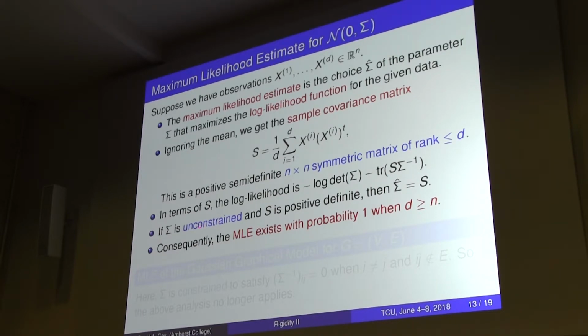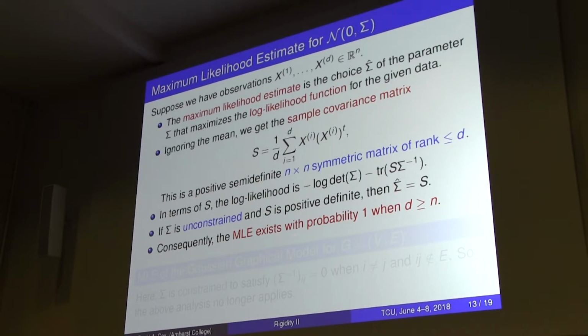Suppose I'm in a situation where I put no constraints, so I allow any symmetric positive definite sigma, and suppose that, by some miracle, the sample covariance matrix is positive definite. Then you can just pick sigma to equal S, and you're done. That actually maximizes this, and so in this case, you can say exactly what the maximum likelihood estimate is.